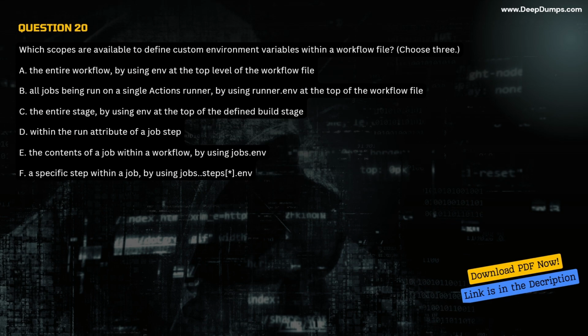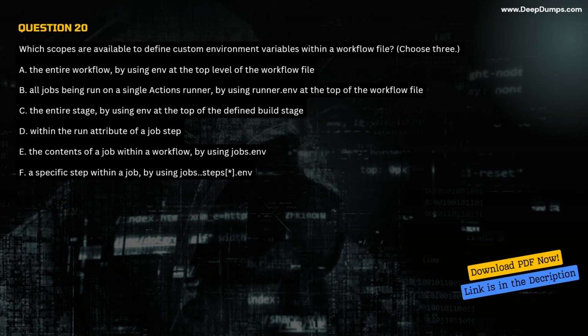Question 20. Which scopes are available to define custom environment variables within a workflow file? Choose 3. A. The entire workflow, by using env at the top level of the workflow file. B. All jobs being run on a single actions runner, by using runner.env at the top of the workflow file. C. The entire stage, by using env at the top of the defined build stage. D. Within the run attribute of a job step.